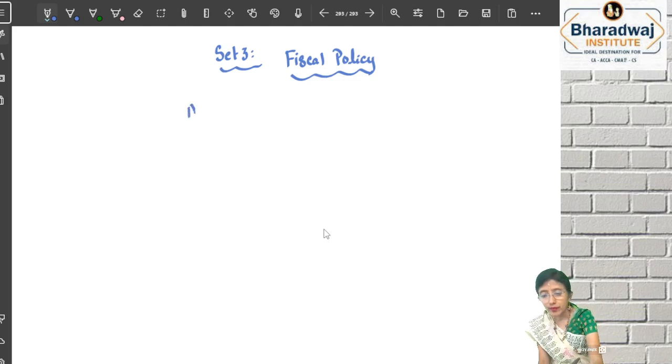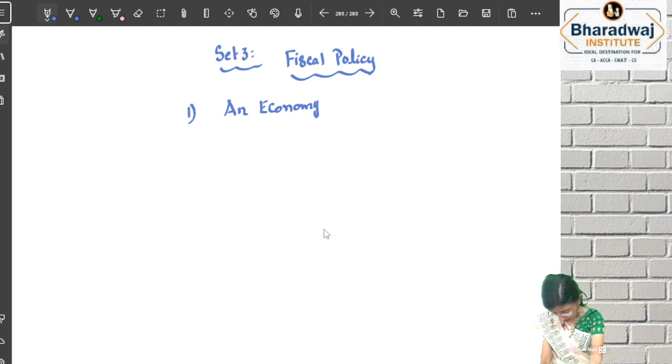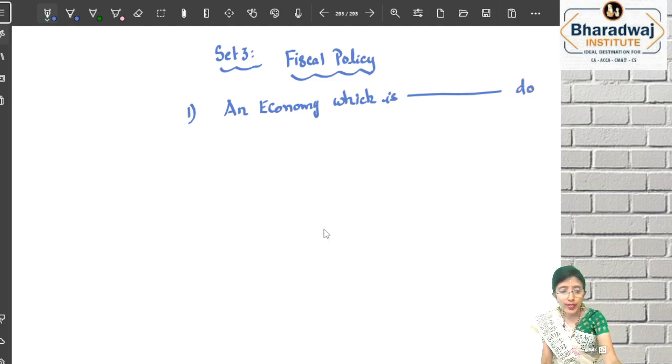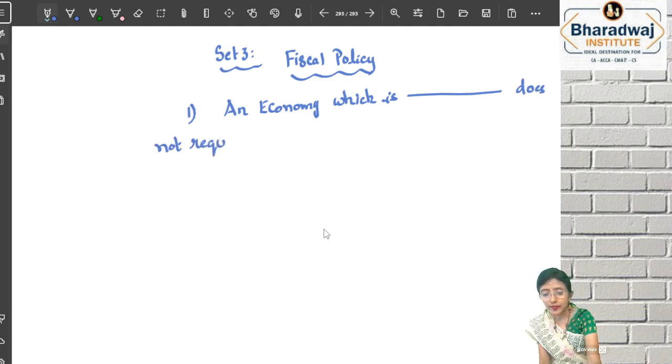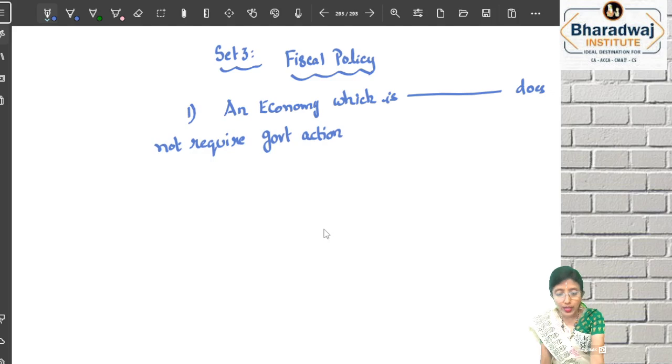Question 1. An economy which is dash. That's what you have to fill up. Does not require government action in the form of fiscal policy.